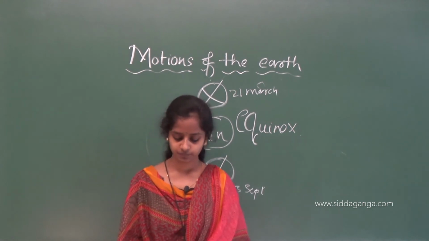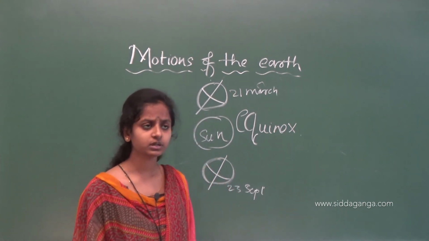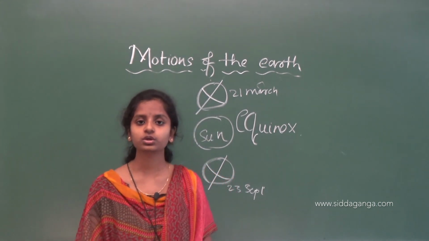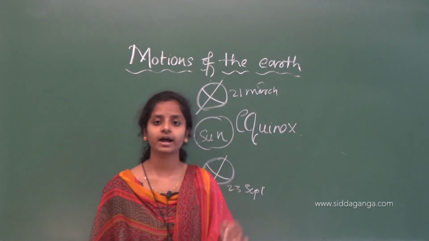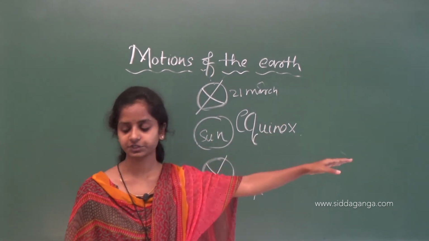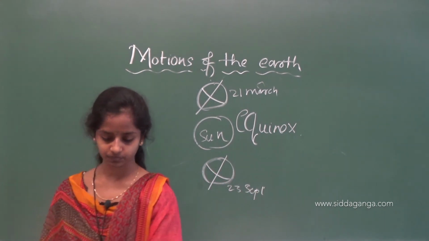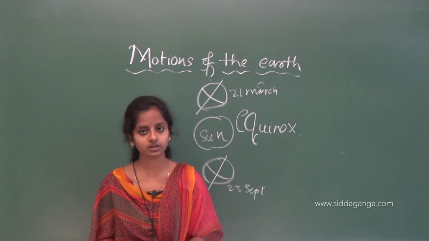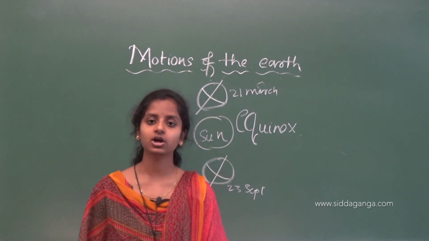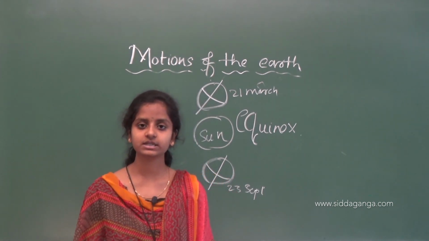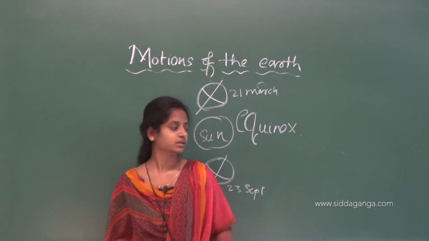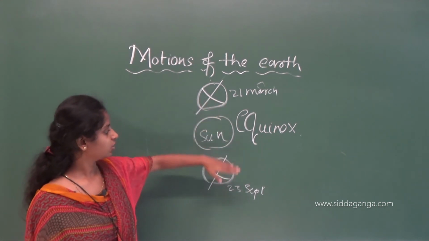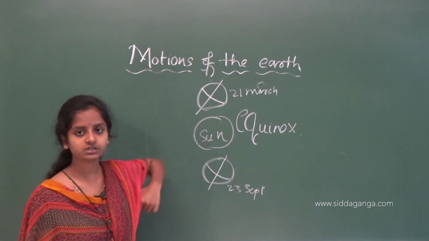So till now we have seen the revolution of the earth: on the 21st June we can see the summer solstice, and similarly on 22nd December we see the winter solstice, and also we can see the equinox on 23rd September and 21st March.